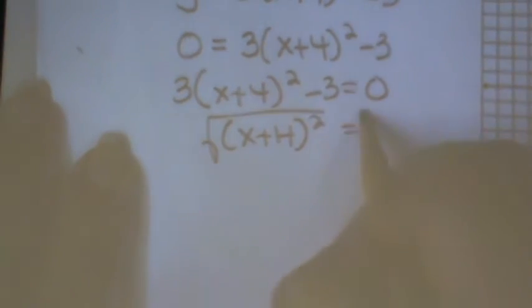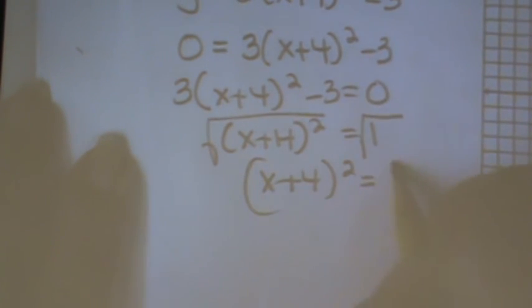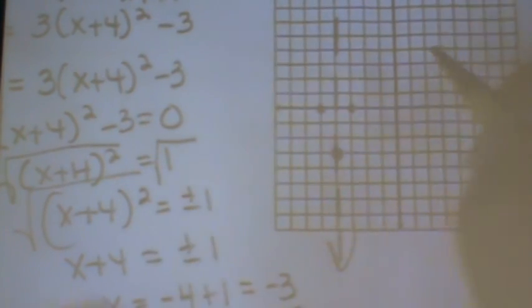Take the square root of both sides, you get x plus 4 is equal to plus or minus 1. Now subtract 4, it's negative 4 plus 1, and negative 4 minus 1. So negative 3 and negative 5 are your two x-intercepts.